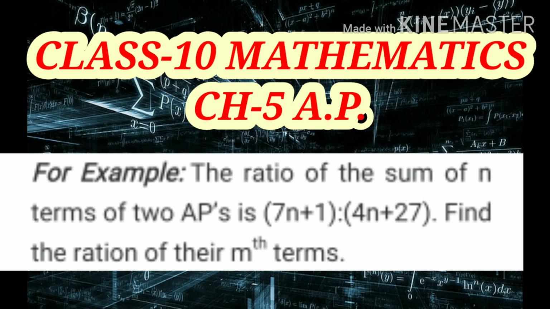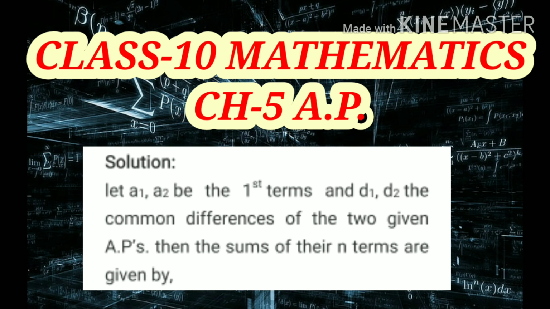Children, here in this question you are given the ratio of the sum of n terms of two APs and you are to find the ratio of their mth terms. So let us see how we can solve this problem in a very easy way.